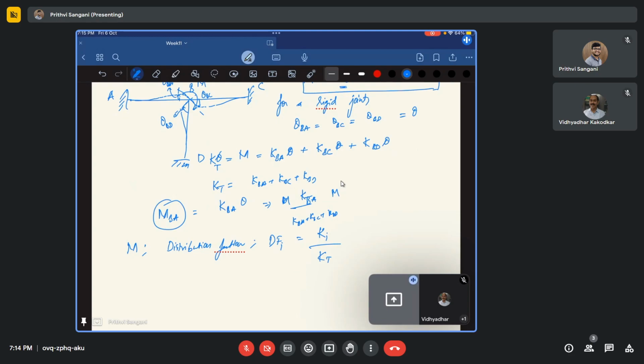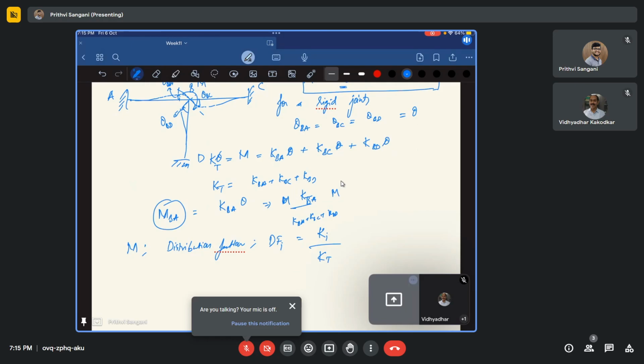Okay. So why do we need to know the distribution factors? Because we need to know how the moments are distributed between each member. Why do we need to know that? Because we want to find out the support reactions, or what is going to happen at the far ends. Right now we have a far end which is fixed and it's actually the support.